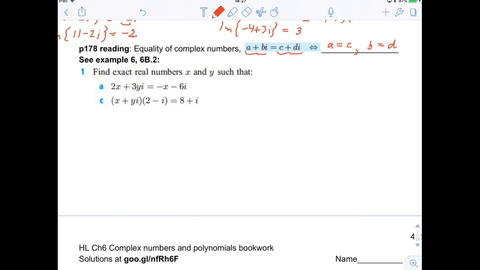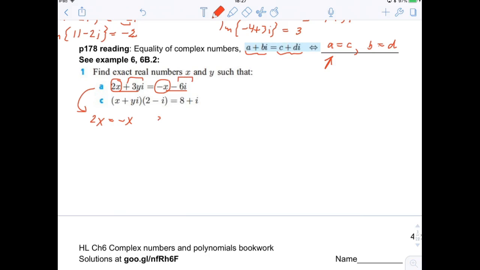Find the exact real numbers x and y such that... okay, so let's do A first. Let's equate the real parts and the imaginary parts like this rule says, okay? So 2x is the real part and negative x is the real part of that one. So let's equate those. 2x equals negative x. Now let's equate the imaginary parts.